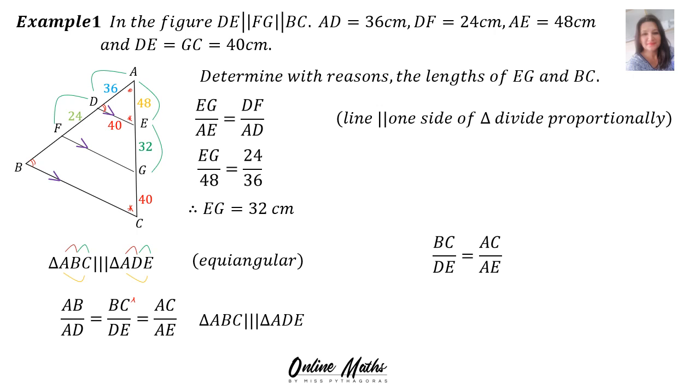BC over DE equals AC over AE. And we substitute. BC is what we are looking for. DE is 40 equals AC, that whole length, and it consists of AE, which is 48, plus EG, which is 32, plus GC, which is 40, over AE, which is 48. And then we can multiply away the 40, and we end with BC is equal to 100.